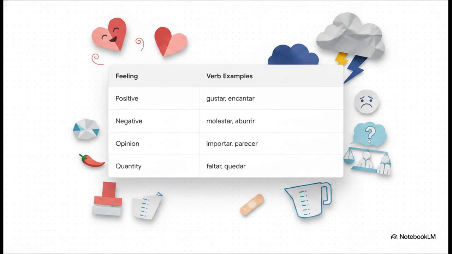Then the negative ones, stuff like molestar, to bother, disgustar, or chocar, and aburrir, to bore. You've also got opinion verbs, right? Like importar, parecer, and caer bien or mal. And then finally, verbs for quantity or physical sensations. Things like faltar, to be lacking, quedar, doler, to hurt, and picar. They all follow the exact same rules, the whole shebang.